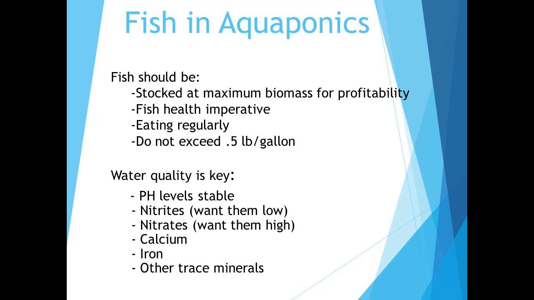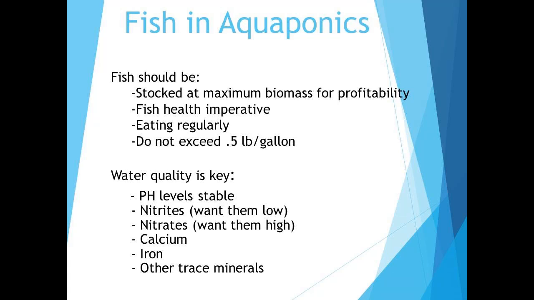If you have little kids that go to school, and you have 3 children and one comes home with a cold, how soon is it before everybody in the household has the cold? Just like fish. One fish gets something, it goes through all of them. So you need to watch that. They eat regularly, they have a schedule, and believe it or not, they know when they're to be fed and when they're not.